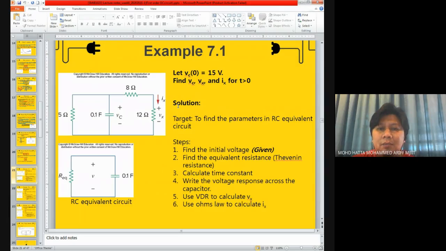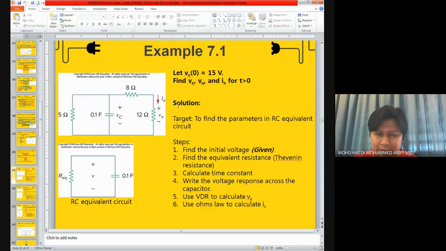All right, if you look at example 7.1, I think I've already asked you to look at example 7.1. In this question, V0, the initial voltage at the capacitor, is given as 15 volts.